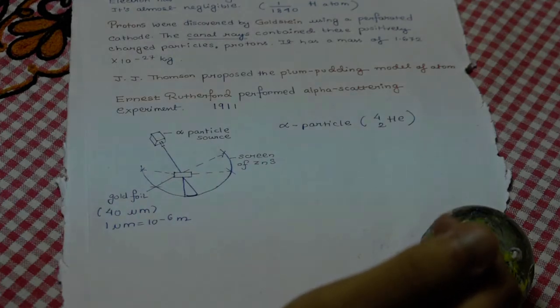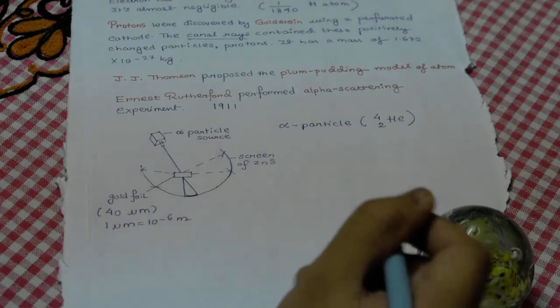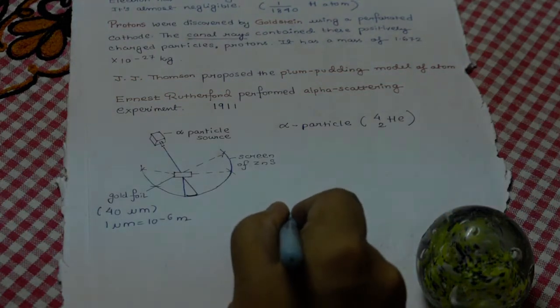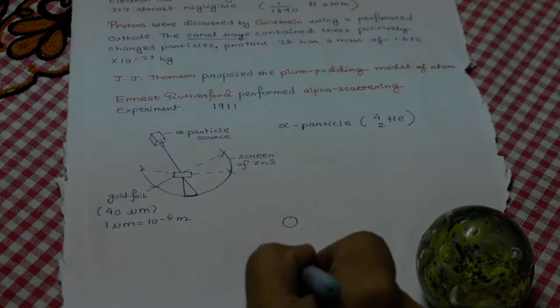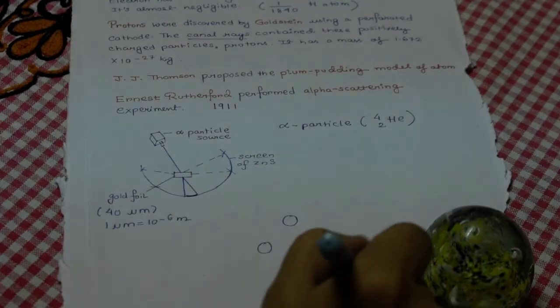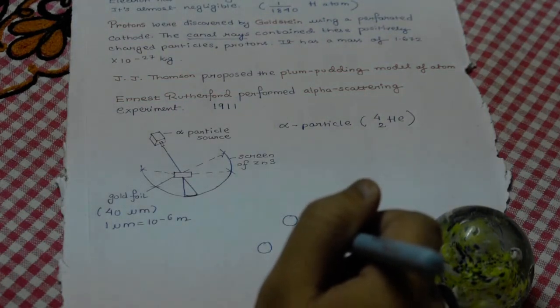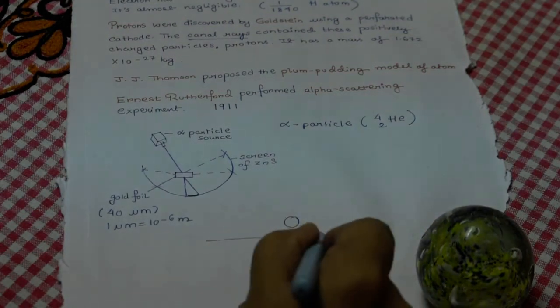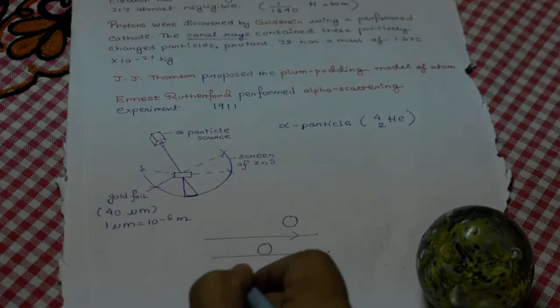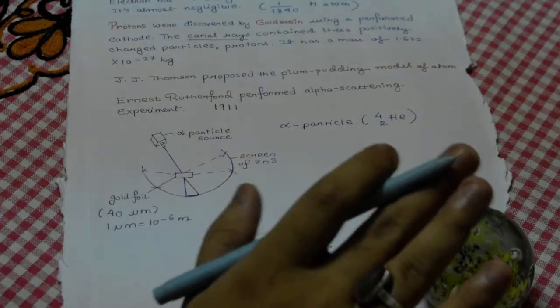The conclusion that Rutherford provided was that most of the alpha particles passed straight through the foil. Suppose these are the atoms of gold present inside the foil, then most of the alpha particles passed straight through, with almost no deflection at all.